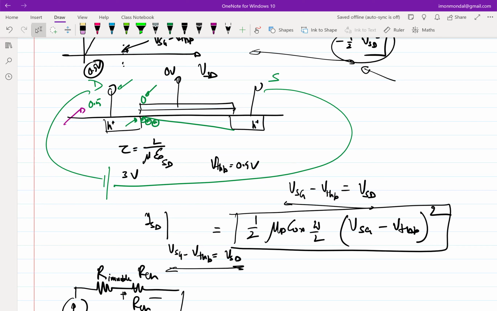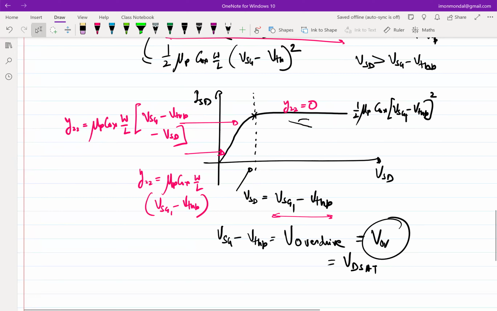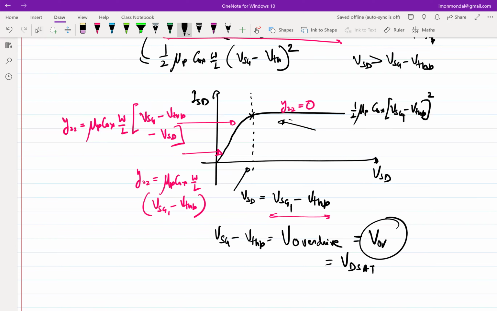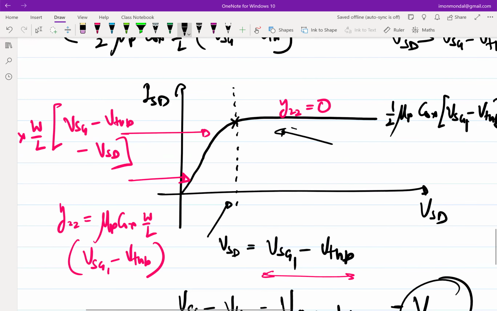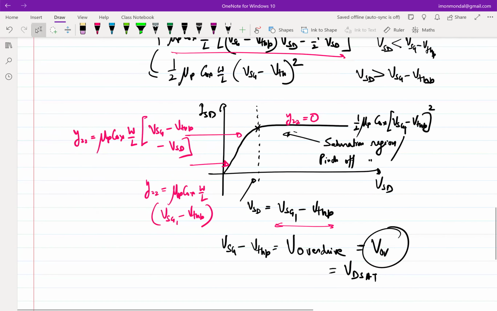The channel has gotten pinched off at the drain junction, right? So this is often also called pinch off region of operation. The saturation region is often also called pinch off region. But in this course, again, we'll stick to saturation region of operation.